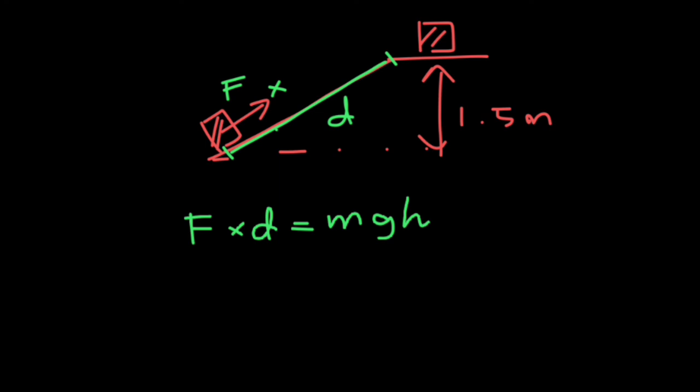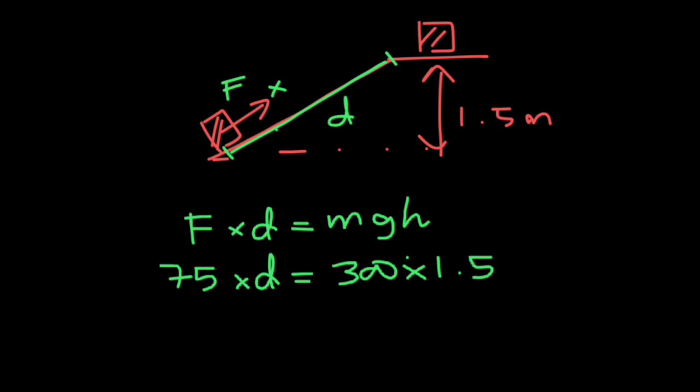Therefore the applied force F is given as 75 newtons and the distance is to be found. mg is given as 300 newtons and the height is 1.5 meters. By simplifying, you have 5. Then when you solve for d, you obtain 6 meters. Therefore, second answer.